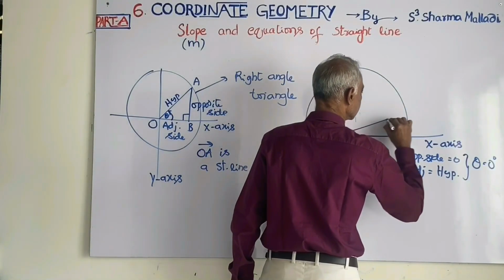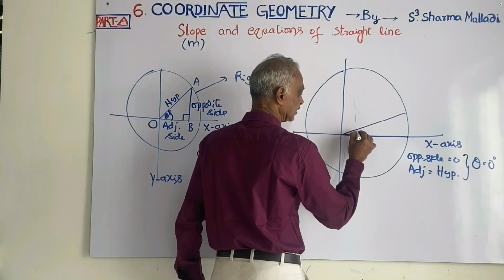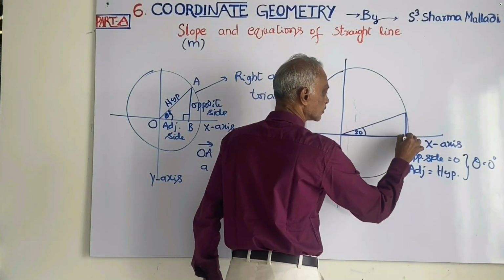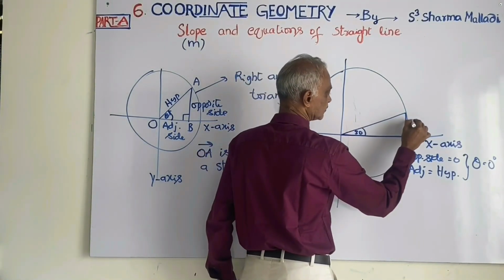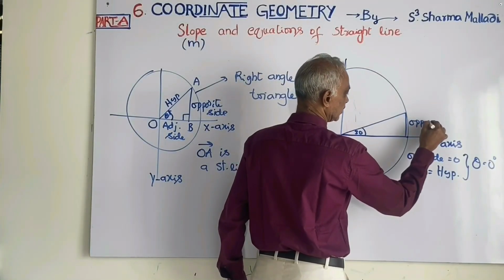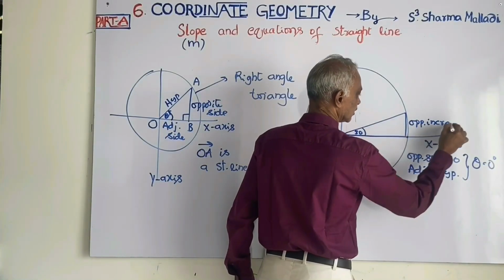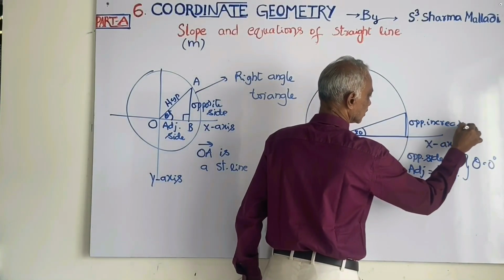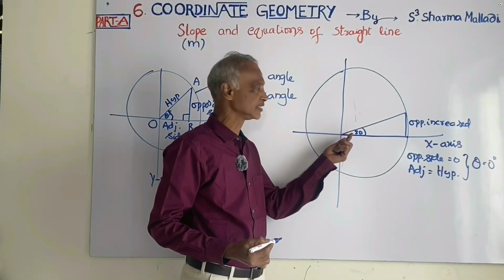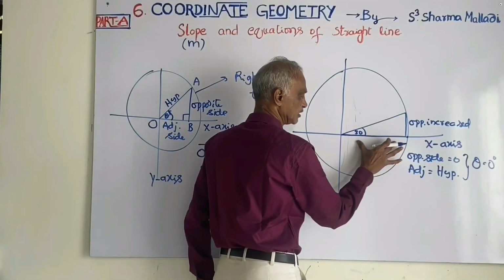When the angle is raised by 30 degrees, the opposite side is increased and the adjacent side is decreased.